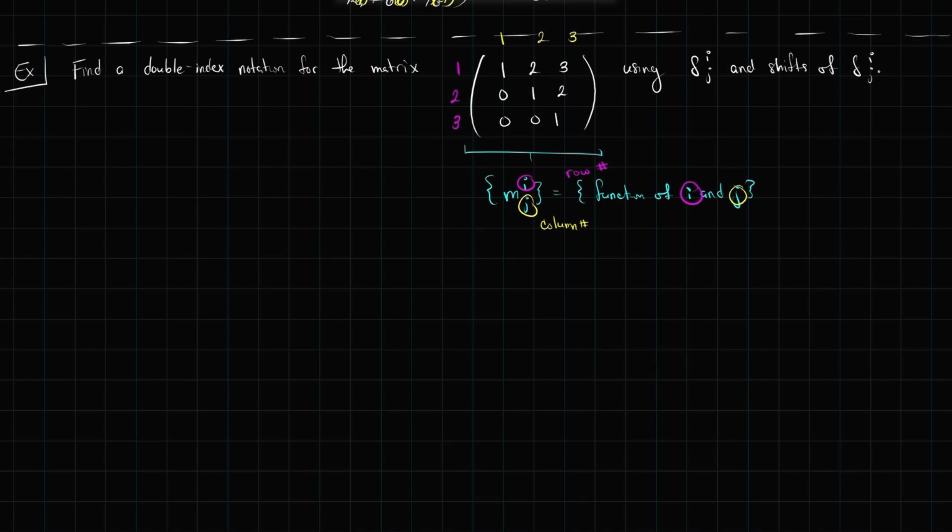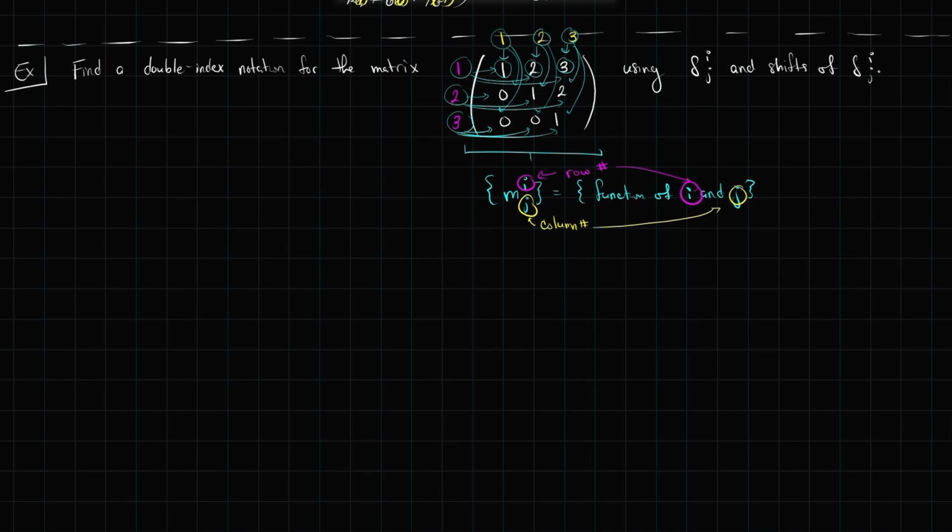We want to construct basically just a function of i and j so that when we put the row and the column number in, they immediately give us the entry. So 1 for the row and 2 for the column should give me a 2. 3 for the column and 1 for the row should give me 3, and so on. So let's see if we can do something like this with the matrix that we see here.